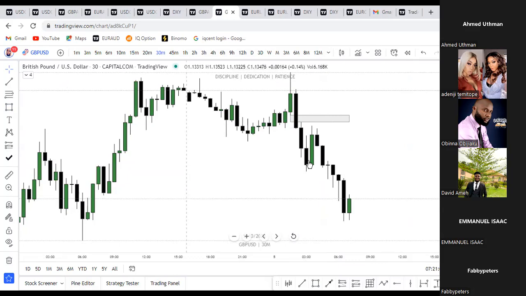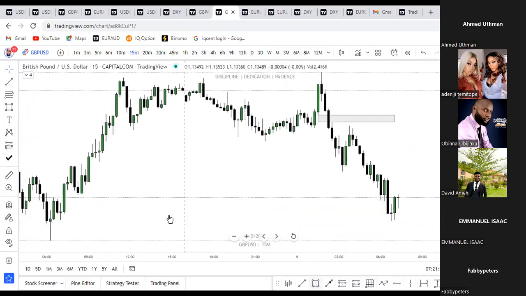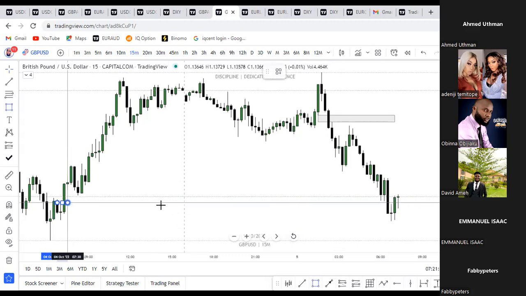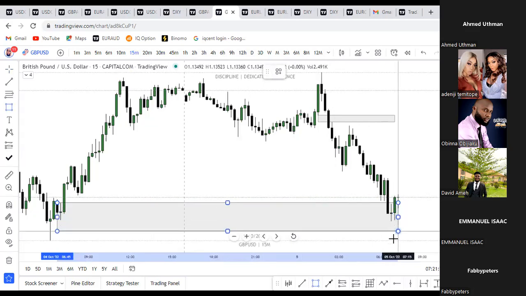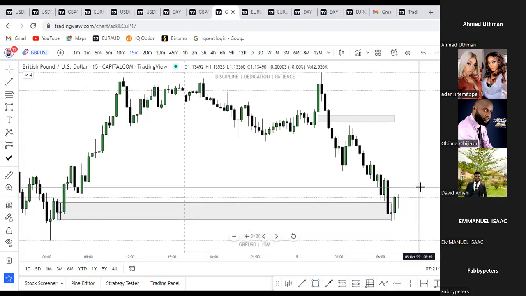You remember what I said about this zone on the 15-minute, that price might make a retracement there? On this zone. I think I marked it. I think I deleted all the things I have on this chart too. I hope I did not. Let me check. Guys, I'm coming. Let me check my phone, because I'm not seeing it. I think I deleted everything I have on that chart.